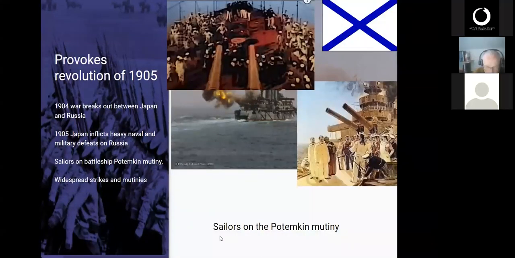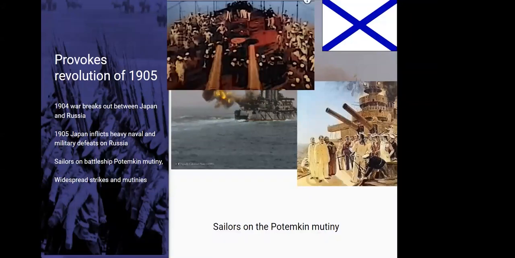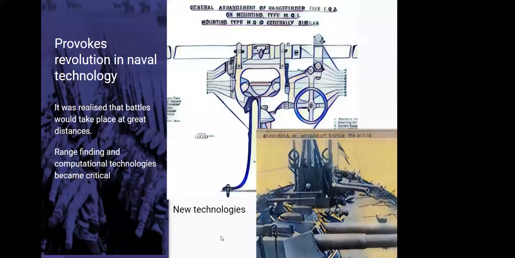This also produced the revolution of 1905, produced the Potemkin mutiny that is shown in Eisenstein's film, widespread strikes, etc. But it also produced a revolution in naval technology, some of which I've talked about before, a revolution in range finding and computational technologies.